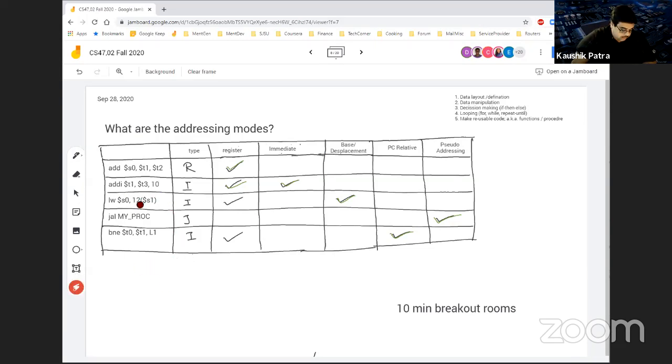Load word, on the other hand, has what? It has immediate field access. That is immediate, so we didn't mark that. We need to mark it. So this is right. And then it actually has to read S1, the base register.